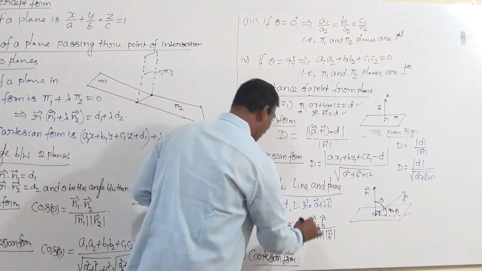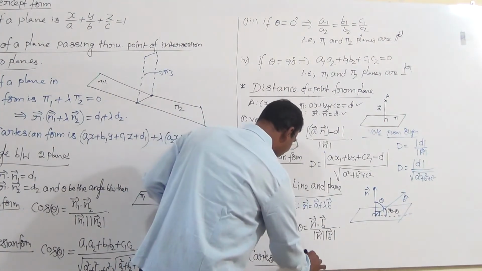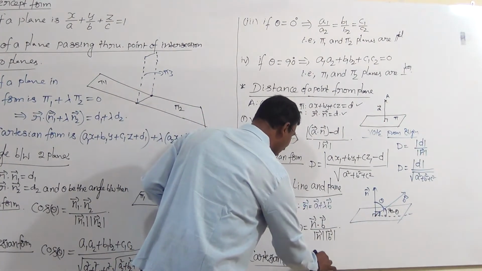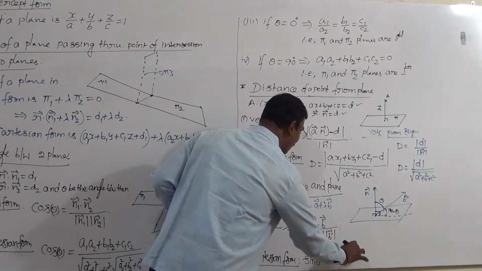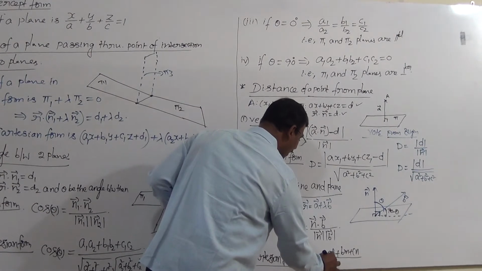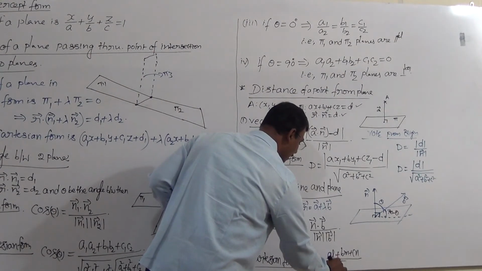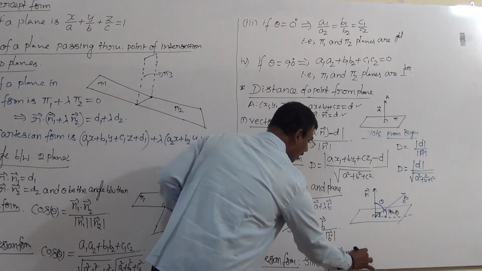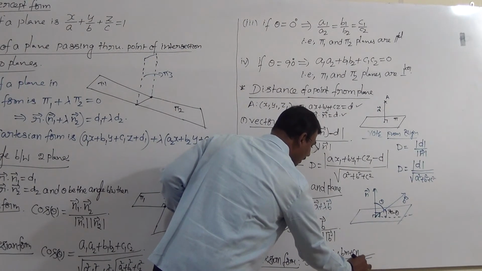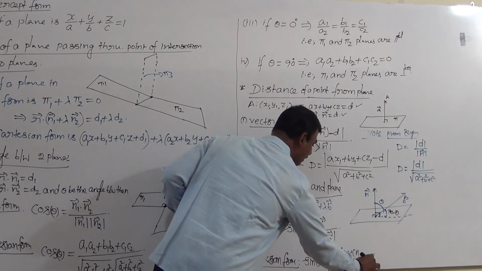Then the sin theta formula is al plus bm plus cn divided by square root of a square plus b square plus c square into square root of l square plus m square plus n square.